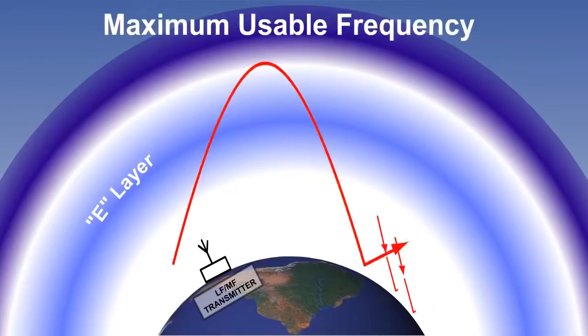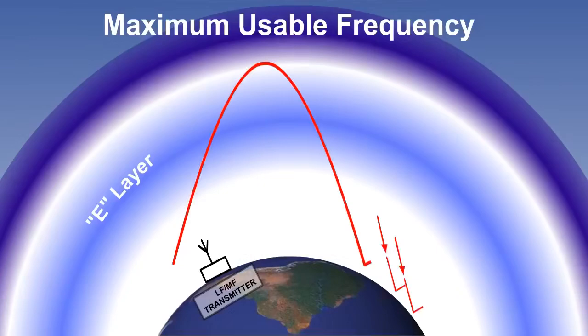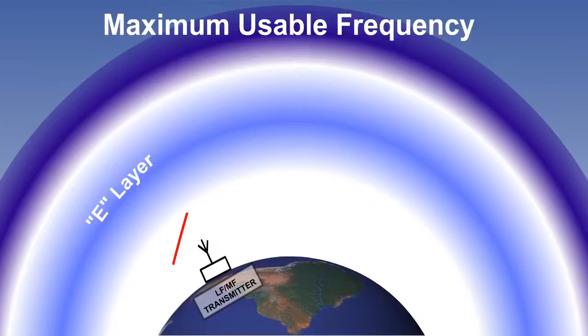It is preferable to use the highest frequency possible, because attenuation is less, and this gives the best reception. This is called the maximum usable frequency, or MUF. Finding this frequency is a matter of trial and error, although ionospheric conditions can now be monitored and the MUF can be predicted.